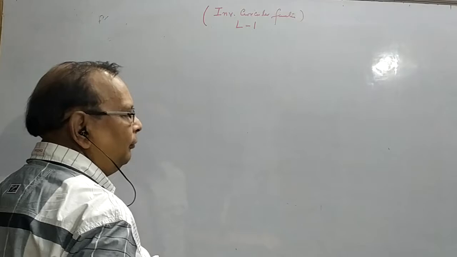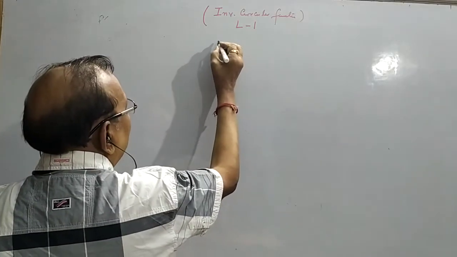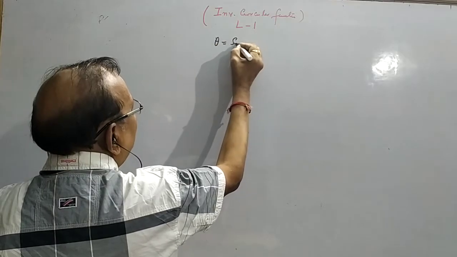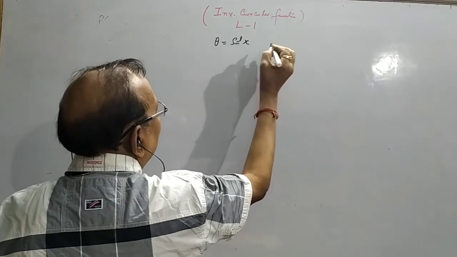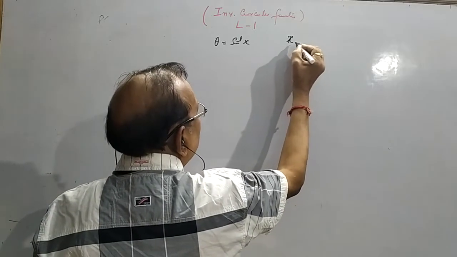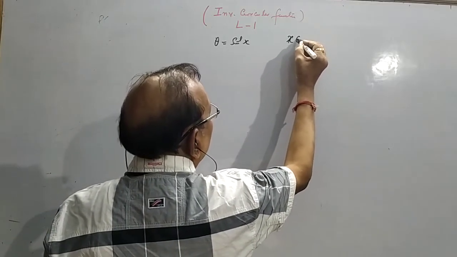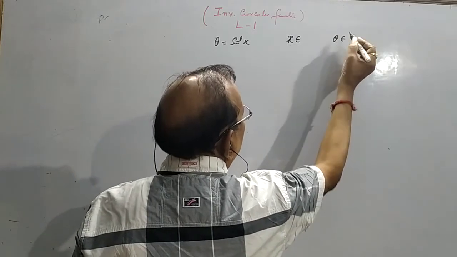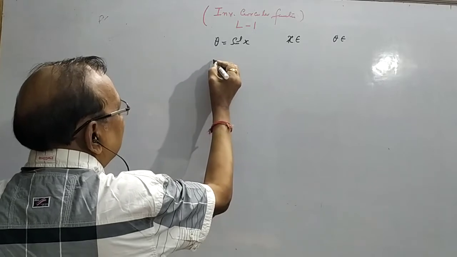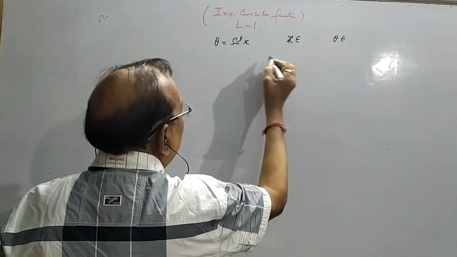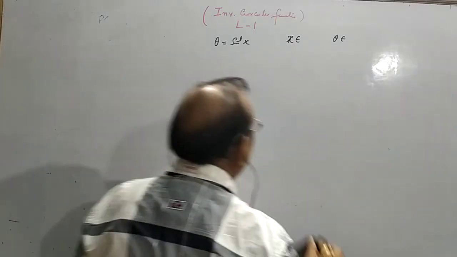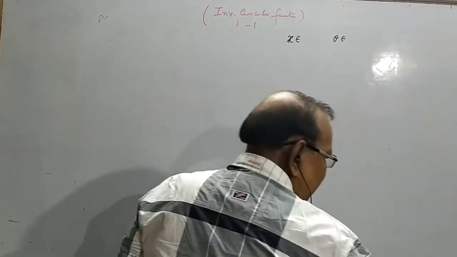I am writing the value of theta is equal to sin inverse x, x belongs to, and theta belongs to. First of all, I am making a table regarding this here.